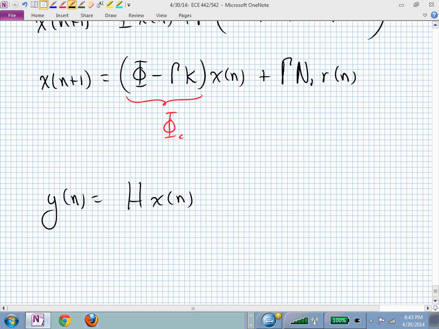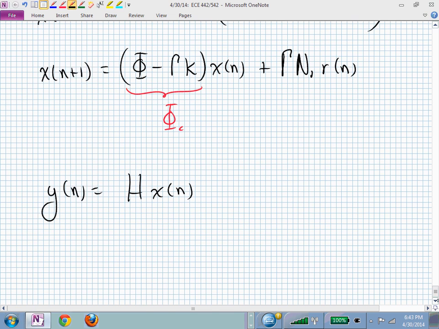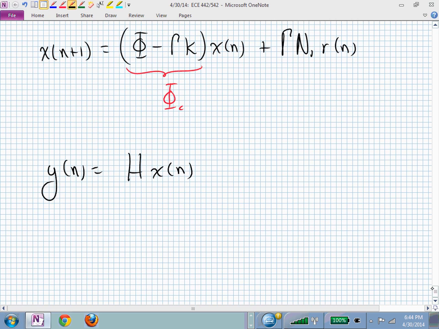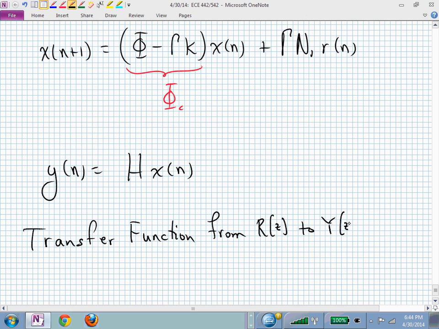What's the transfer function from the input r of z to the output y of z? Do you remember how to do that?